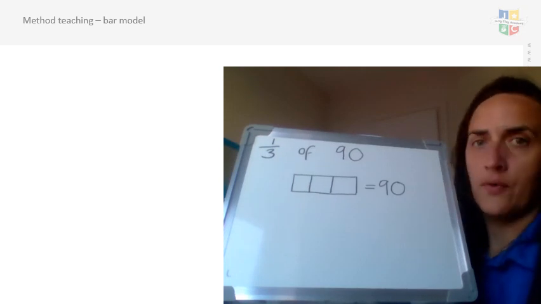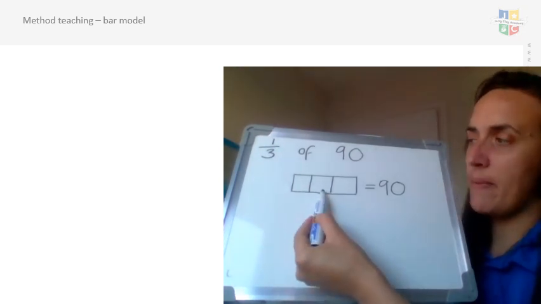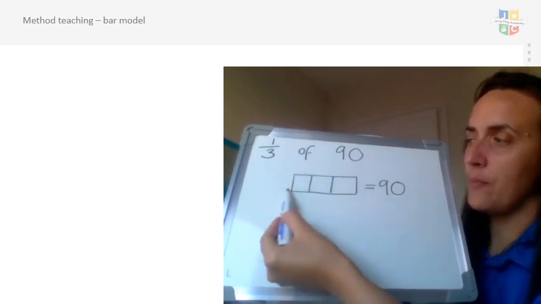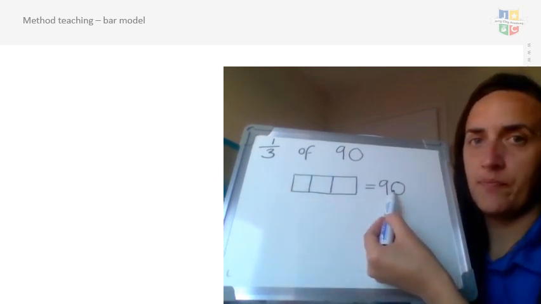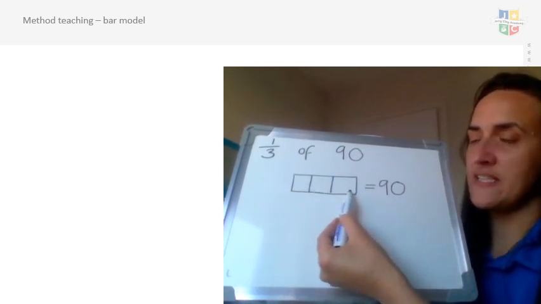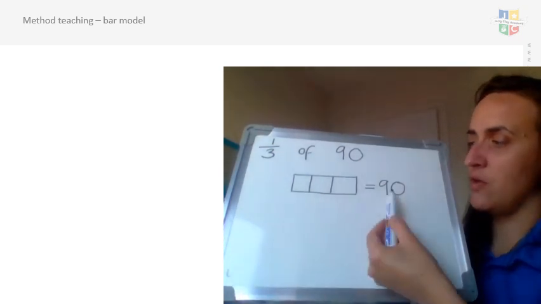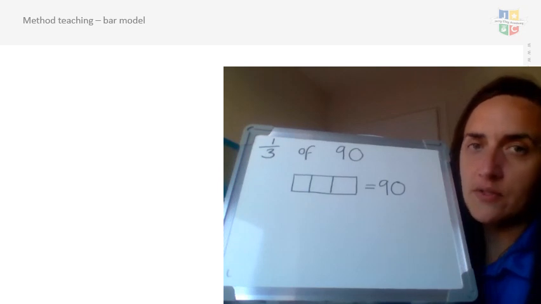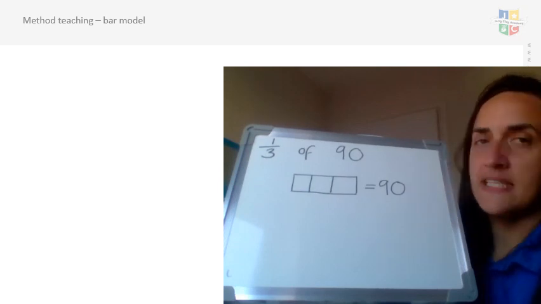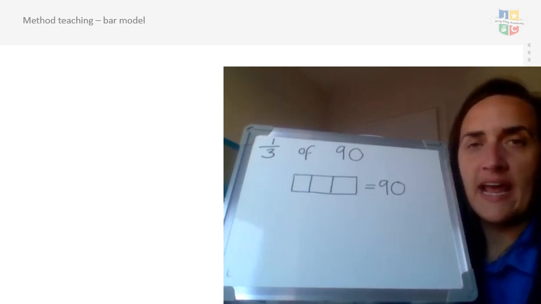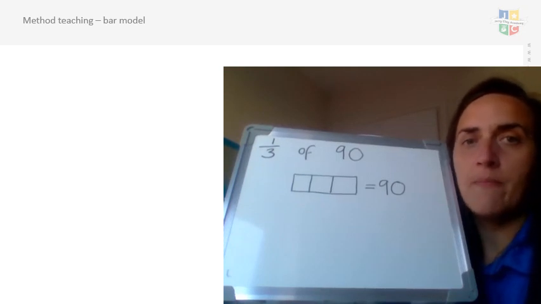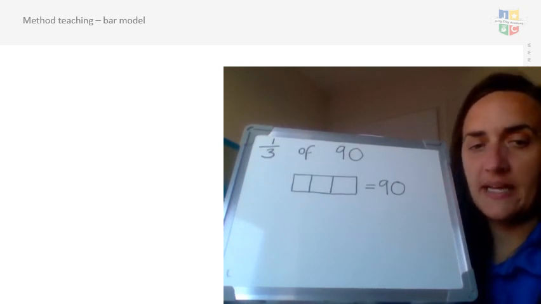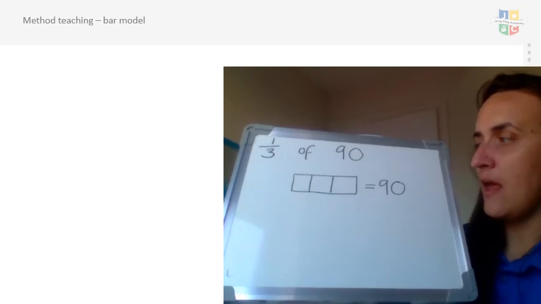And I know that each of these parts of the bar model need to add up to make 90. And it's 3 numbers that are the same. So if I do 90 divided by 3, I'll be able to fill in those boxes. So 90 divided by 3, I know that 9 divided by 3 is 3, and I can use that to help me with 90 divided by 3, and it's 30.